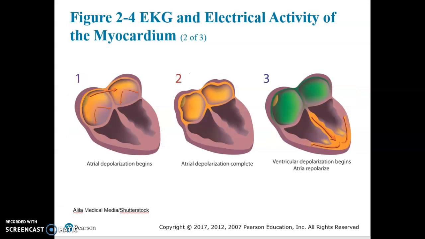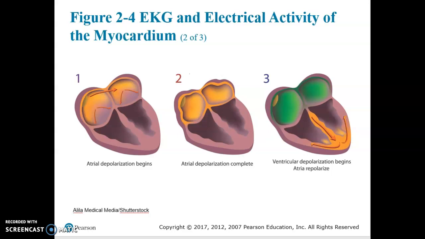This kind of shows you guys how the electricity travels through the myocardium. Atrial contraction is going to occur in the P wave and the PR segment. Ventricular contraction occurs in the QRS and the ST segment.